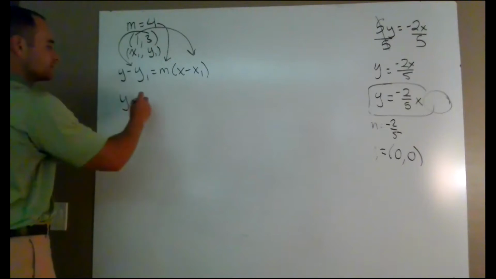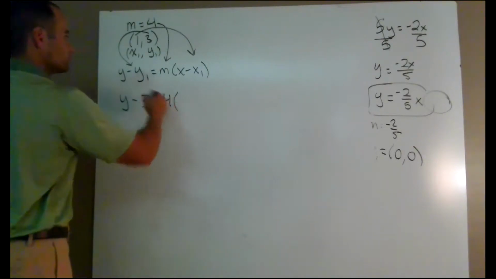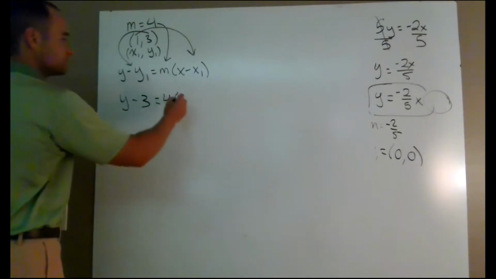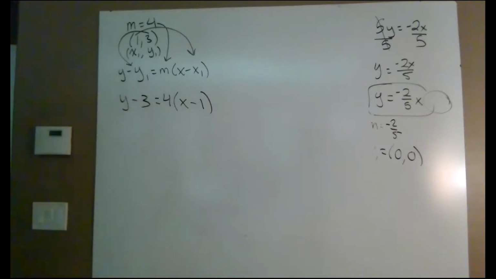y1 is equal to 3. m is equal to 4. x is just x. x1 is 1. So this is technically point-slope form of a line. Now that's not very user friendly.